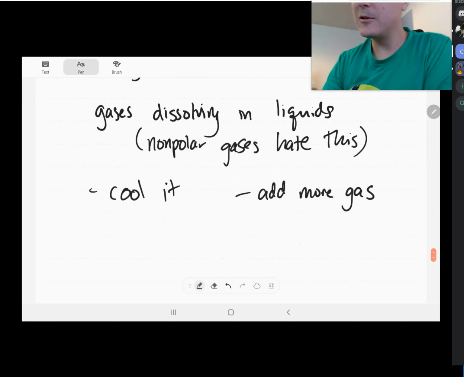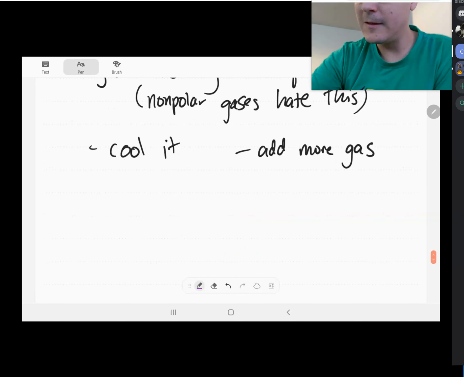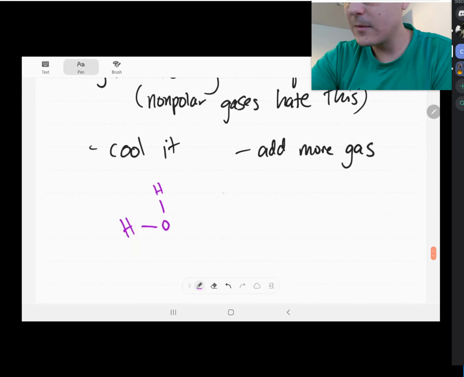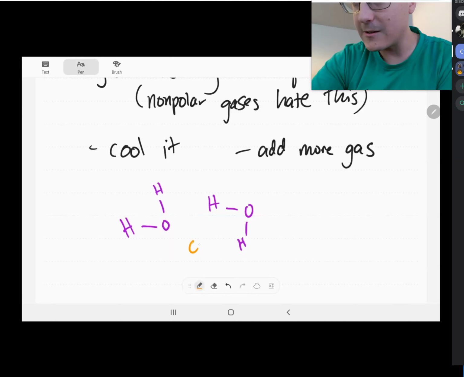Okay, so cooling it. Let's see, where was our water molecule? Here are our happy water molecules. Nice and polar. Uh-oh, here has come a carbon dioxide.